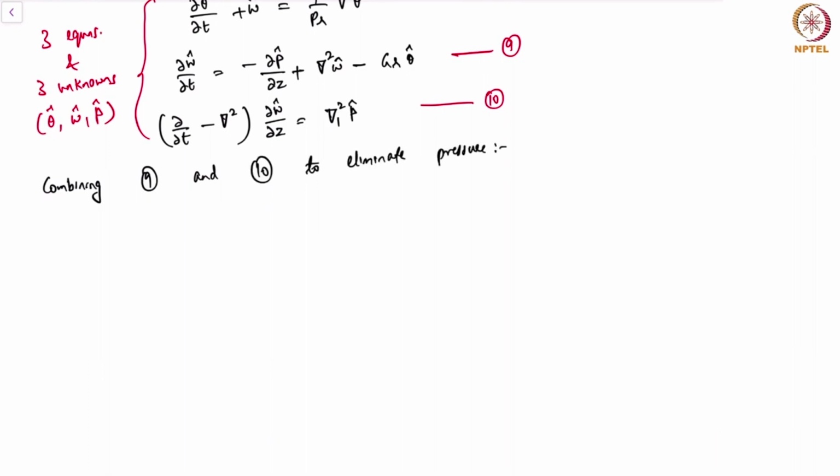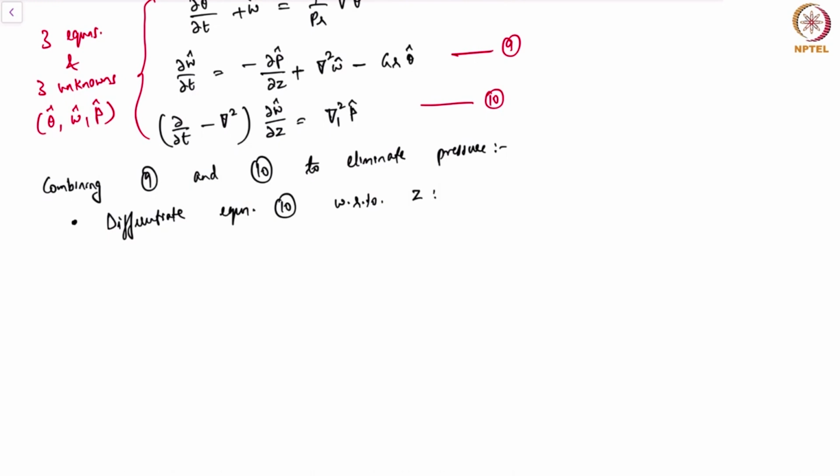So how do we do this? We first differentiate equation 10 with respect to z. The reason is, if we do this, then the p hat that we have in equation 10, now we will end up getting del p hat by del z.